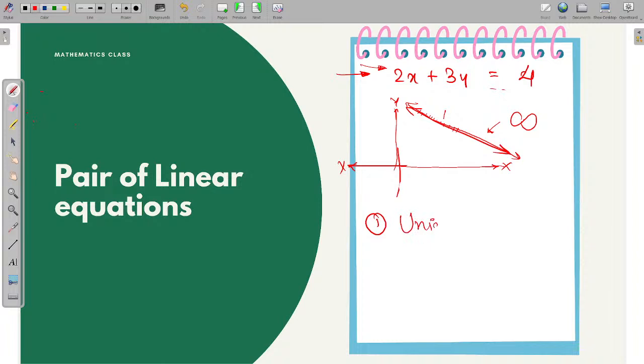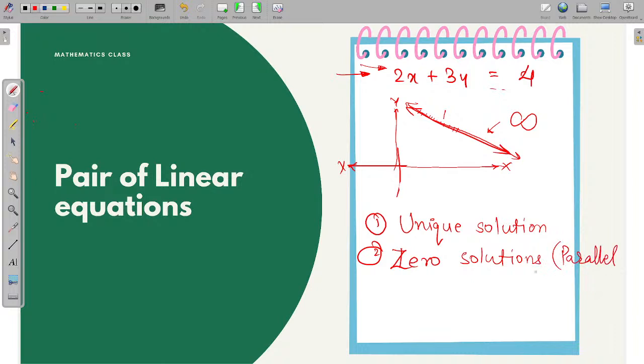One, it can be a unique solution, that means only a single intersection point. Or they can have 0 solutions, that means parallel lines.